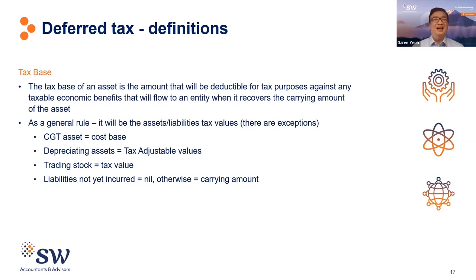Now, if you have something like land, it may be regarded as being held for sale. In that case, the tax base should equal the cost base, because you can deduct the cost base against the sales proceeds. So that's something to be careful of when determining the tax base of CGT assets.